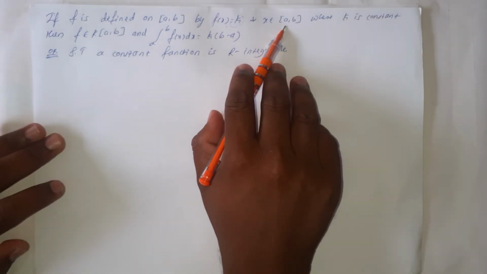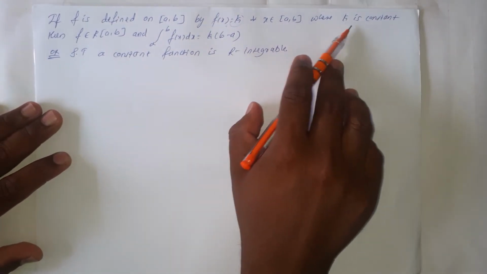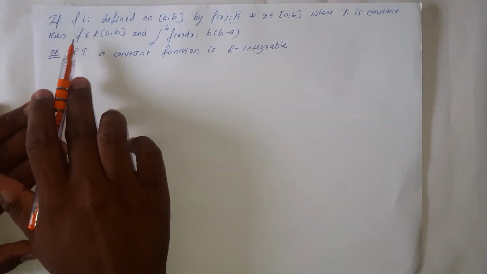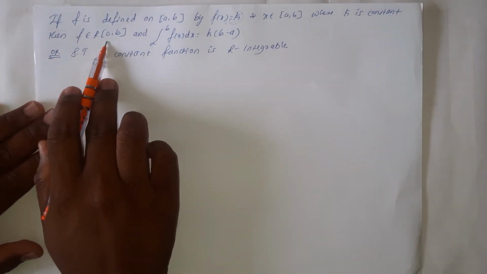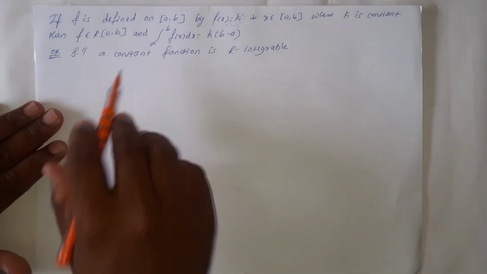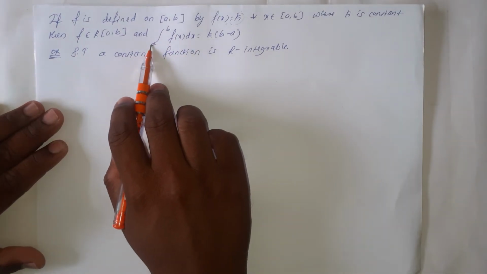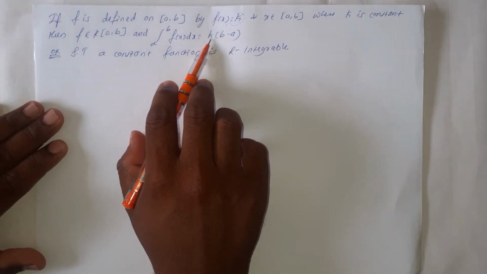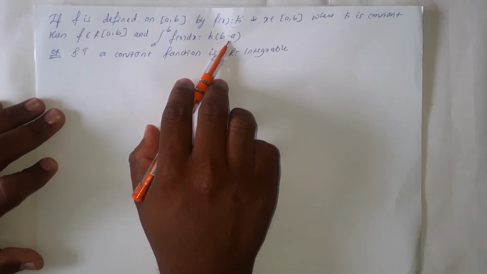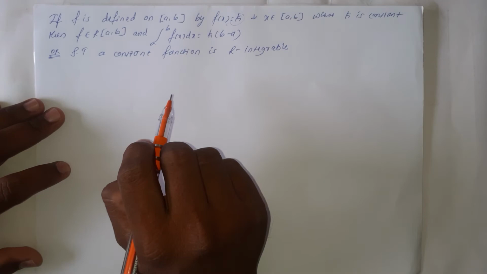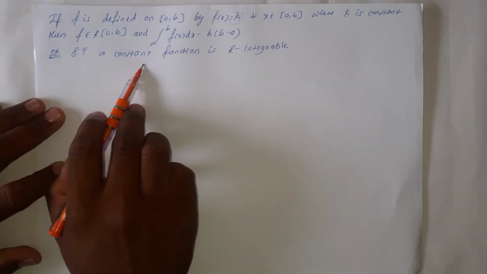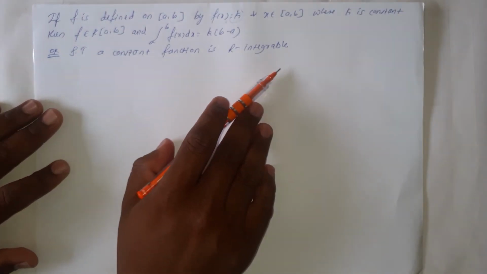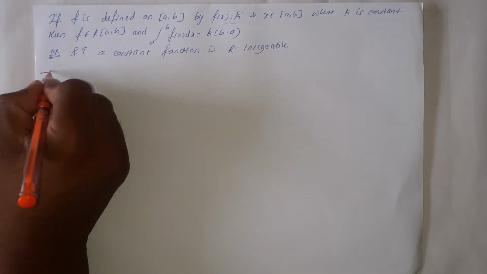For all x belonging to the closed interval [a, b], where k is constant, then f is R integrable over the interval [a, b], and its common value, that is the integration over a to b of f of x dx, is equal to k into (b minus a). Or the same question can be asked as, show that a constant function is R integrable. So let us prove this one.